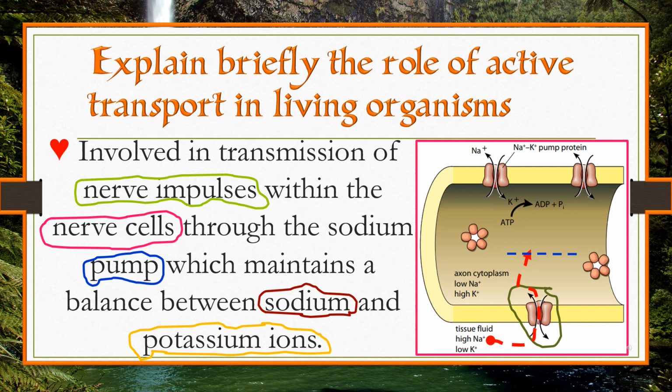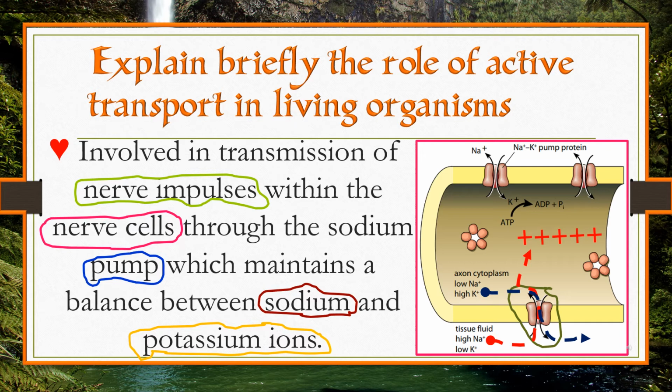And then the potassium ions inside the axon cytoplasm will diffuse and go out into the tissue fluid. So by increasing the concentration of sodium inside, that means inside becomes more positive and the negativity goes away. And when it becomes positive, that means now our nerve impulse can pass.